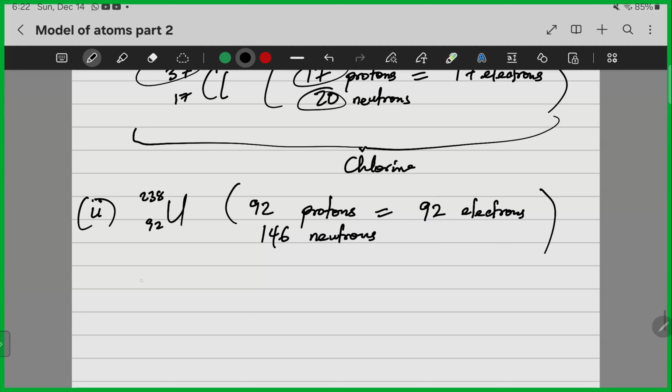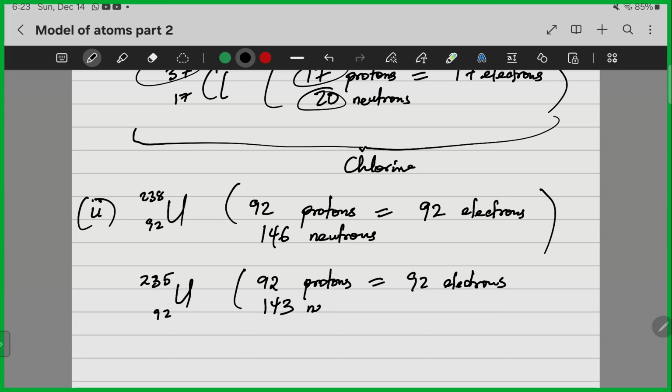And then there is another one, uranium-235, with 92. In this case, we have 92 protons, 92 electrons, but we have 143 neutrons.